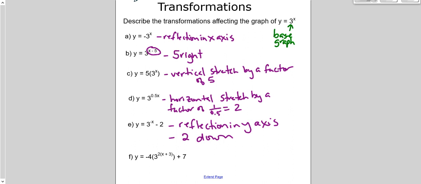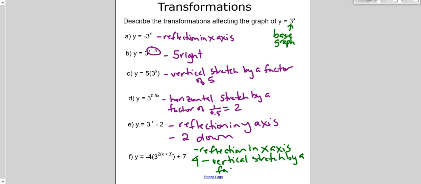And what if I had given you an equation like this? So there's lots going on. We got to talk about everything. So first off, this negative out front is a reflection in the x-axis. And then we have the 4. And the 4 is a vertical stretch by a factor of 4.